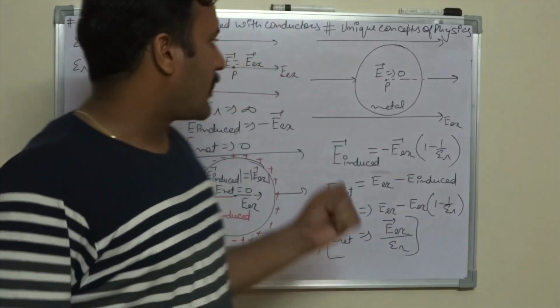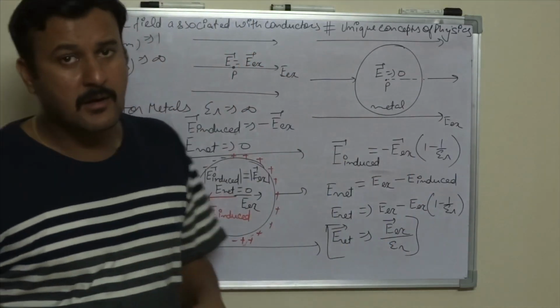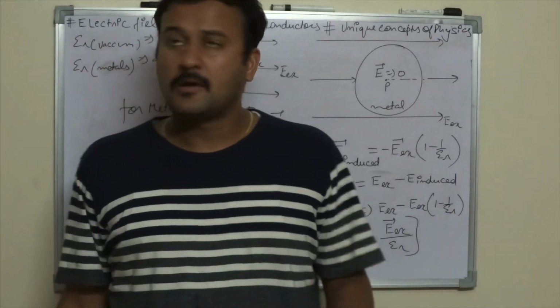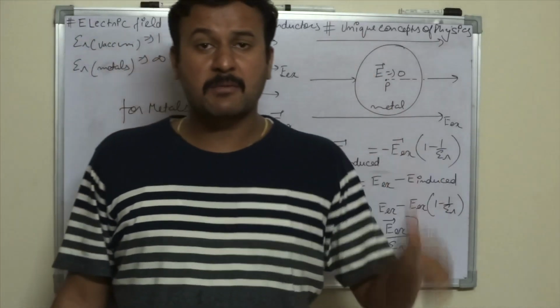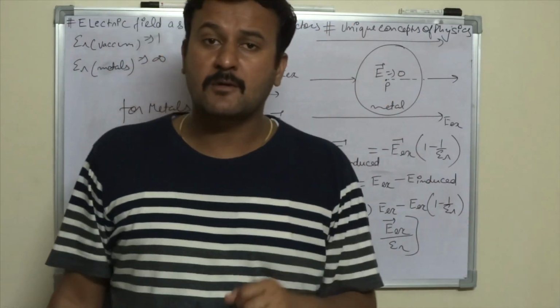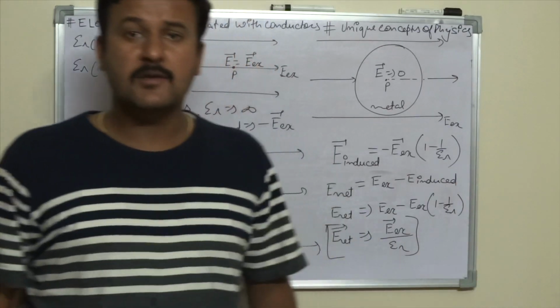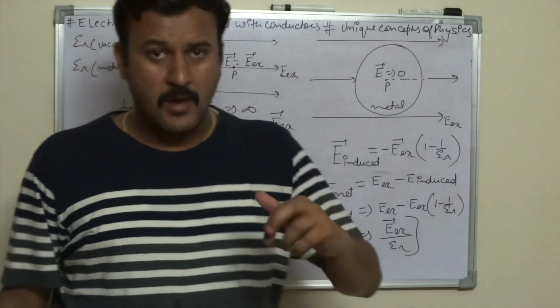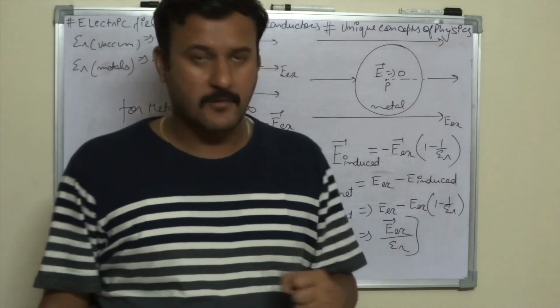But we are getting a contradictory result, and it is creating a paradox: although the permittivity of the metal is infinity, the field inside the metal is 0. How is it possible? It is just opposite to the definition of permittivity. So I will explain the secret behind this logic.